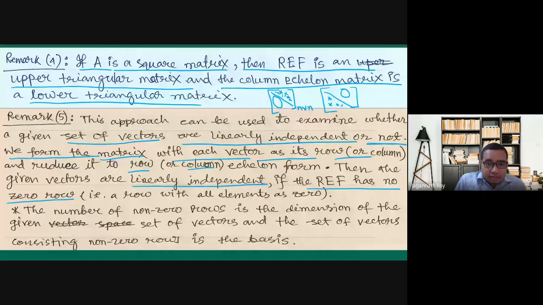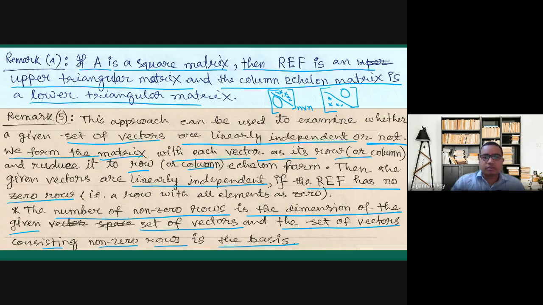The number of non-zero rows is the dimension of the row space of the given set of vectors, and the vectors consisting of the non-zero rows form the basis. Okay, let us see.